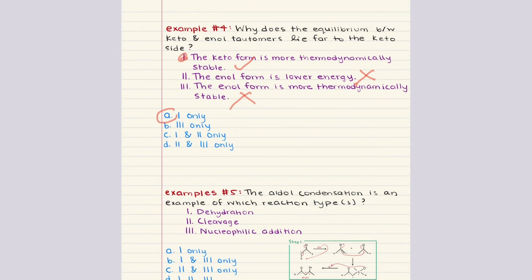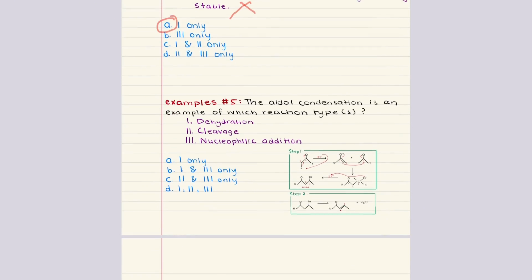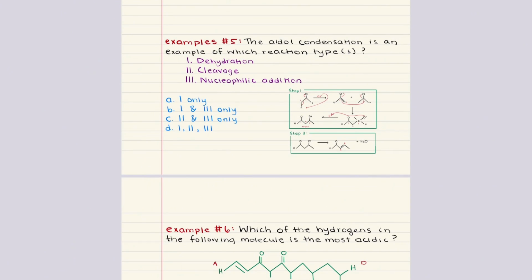So 4 is A. Problem 5 says the aldol condensation is an example of which reaction types. First, the aldol condensation begins when a base removes an acidic alpha hydrogen from an aldehyde or ketone. This forms an enolate, which is a strong nucleophile.